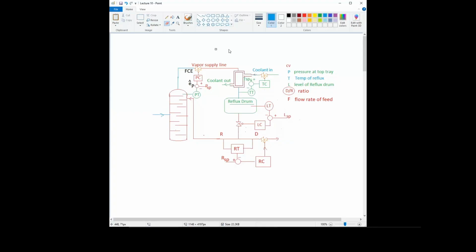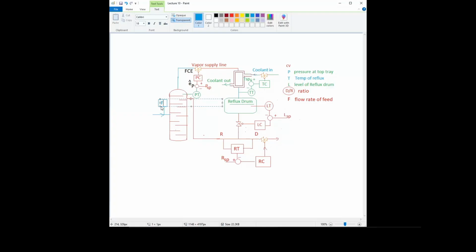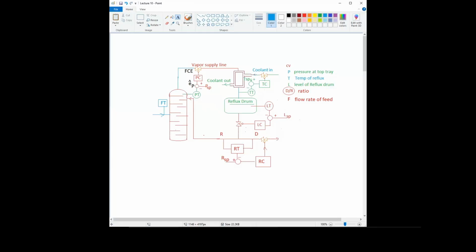So now we are going to apply a feedback loop here. We will measure the flow rate using a flow transmitter or the flow meter. This is the flow transmitter, and then the structure will be the same. This will be compared with the set point flow rate.